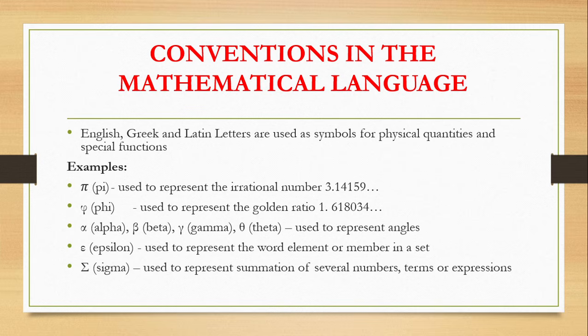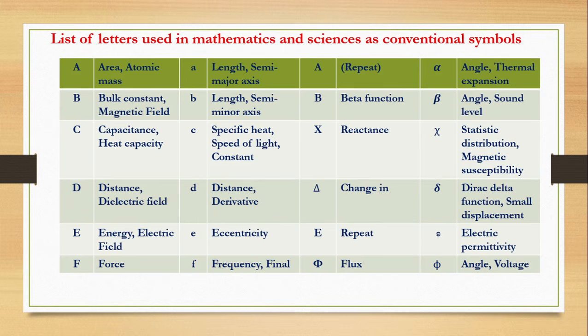And then we have alpha, beta, gamma, theta used to represent angles. And then epsilon used to represent the word element or member in a set. Sigma used to represent summation of several numbers, terms, or expressions. So these are the letters used in mathematics and sciences as conventional symbols.